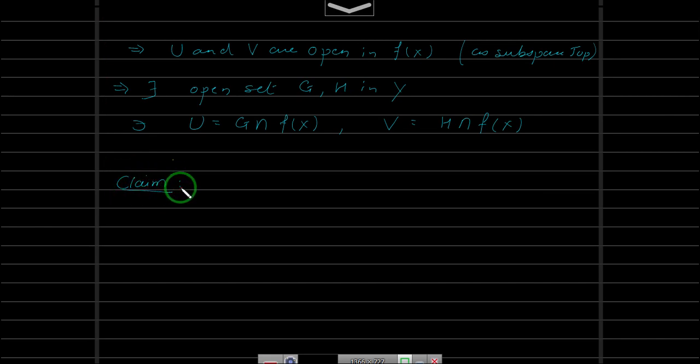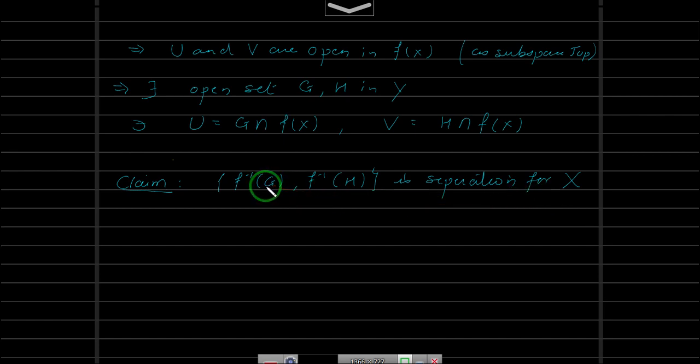To prove any theorem, you should outline what you are going to prove, right? So claim: f inverse of G and f inverse of H is a separation for X. If you prove our claim, that will be the contradiction to the fact that X is connected, and hence our hypothesis is false, and hence fX will be a connected space.